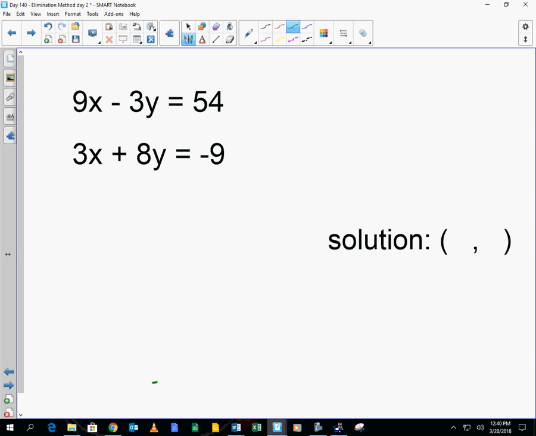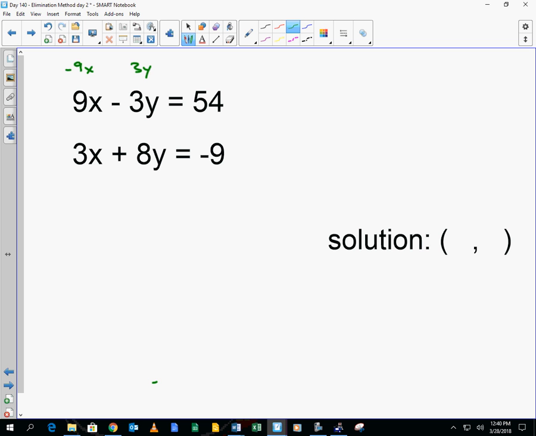I would like to try to make either the x's go away or the y's go away. What's the additive inverse for 9x? Negative 9x. Can I make that into a negative 9x? What would I multiply by? Negative 3. Yeah. What's the additive inverse for negative 3y?